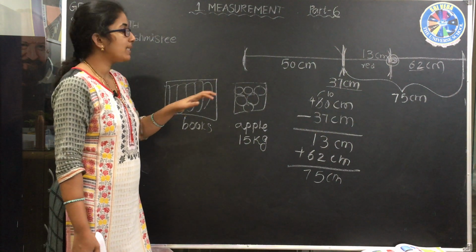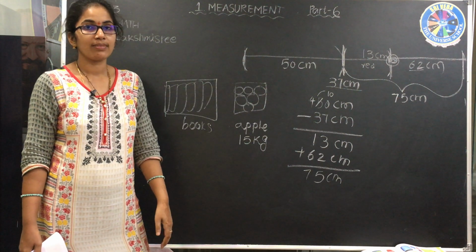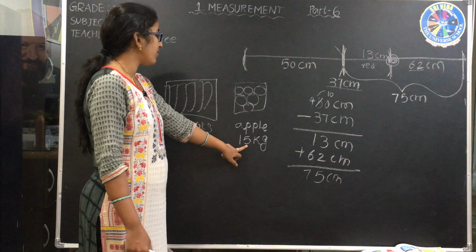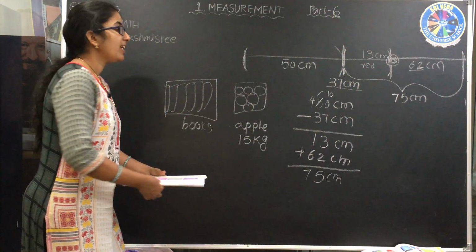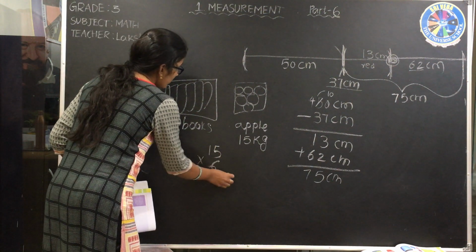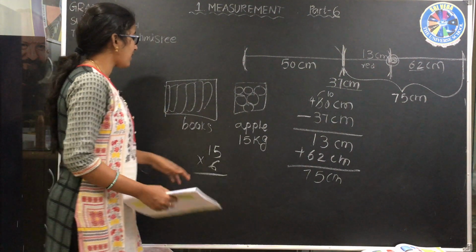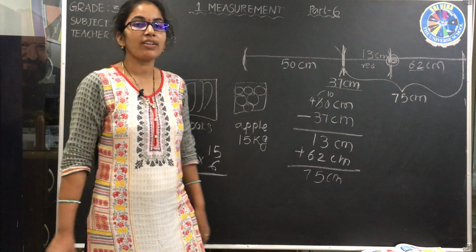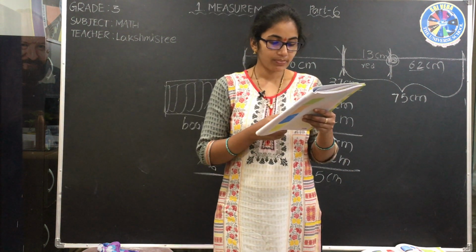We are multiplying this weight 6 times. So now see here, this is 15 kg. 6 times more means 15 into 6 you have to do. Okay? If you multiply 15 by 6, you will get the weight of the books. That is your homework. And fourth one.